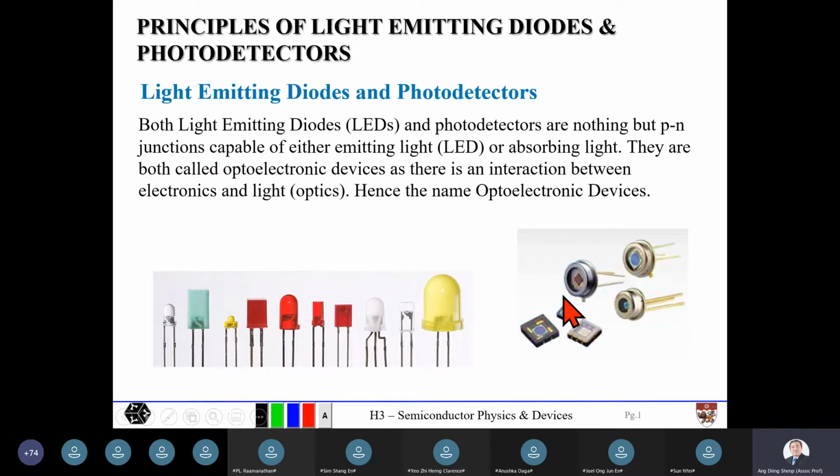So there must be a way for light to get into the semiconductor device. It is normally enclosed in a metal casing like this with a glass window here for light to penetrate and reach the semiconductor device. So this is an example of a photodetector.